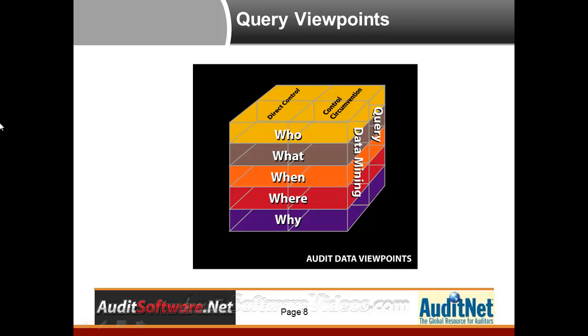That would be a direct control type test if the system had a duplicate test type control. Control circumvention is where you're looking for things like people that are posting multiple entries right under a journal entry limit. That would be control circumvention, and something where you're thinking up, what can people do to get around the system. Again, I wanted to give you this dimensional view because that's what pivot tables are all about.